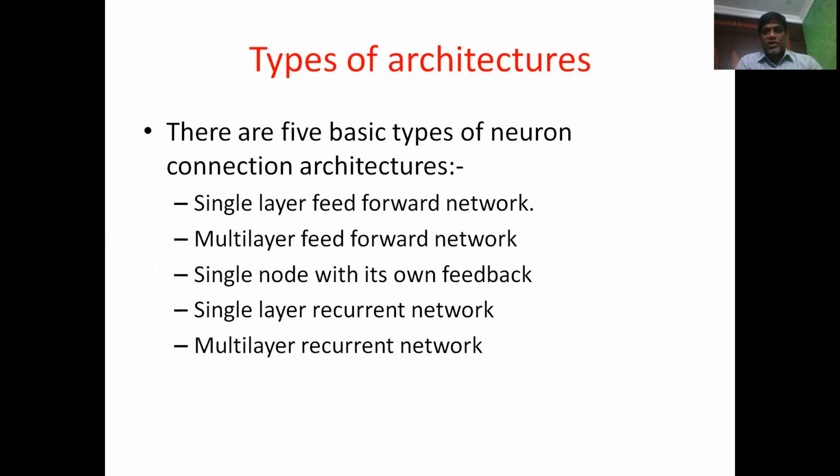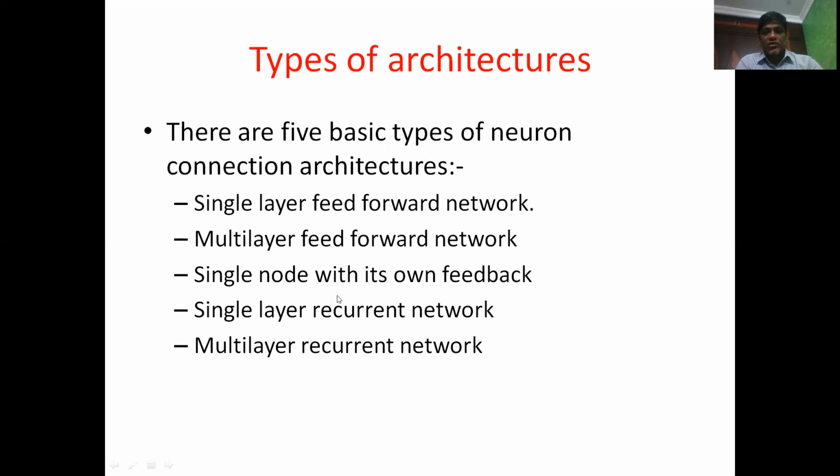And based on how we connect the neurons together within the layers and between the layers, there are five basic types of neuron connection architectures. The first one is single layer feed forward network. Second one is multi-layer feed forward network. These two come under feed forward networks.